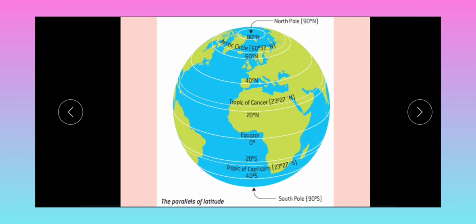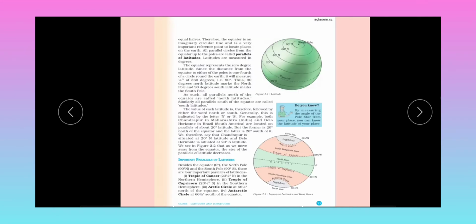That's why we have to denote north or south, because both are on 20 degrees, but Maharashtra's place is on the 20 degree north parallel, and Brazil's place is on the 20 degree south parallel. Okay, so that's why we have to denote that parallel with N or S, that means north or south.